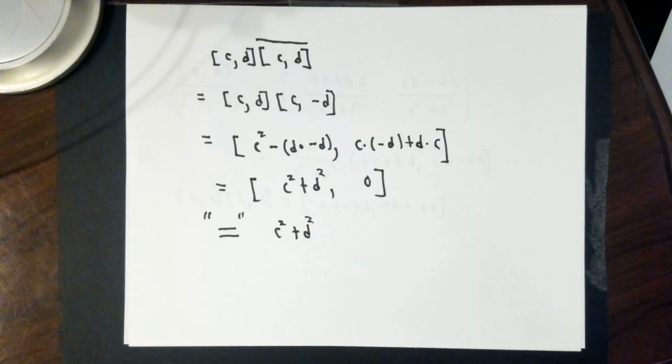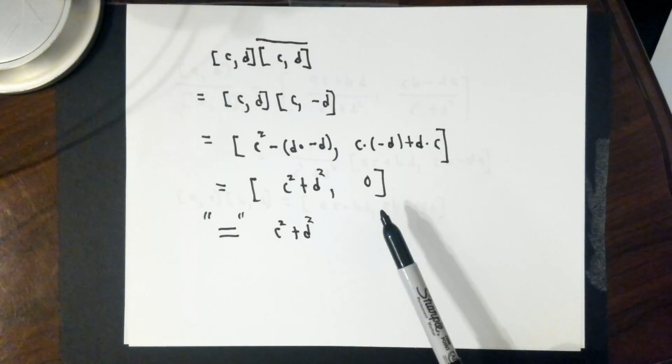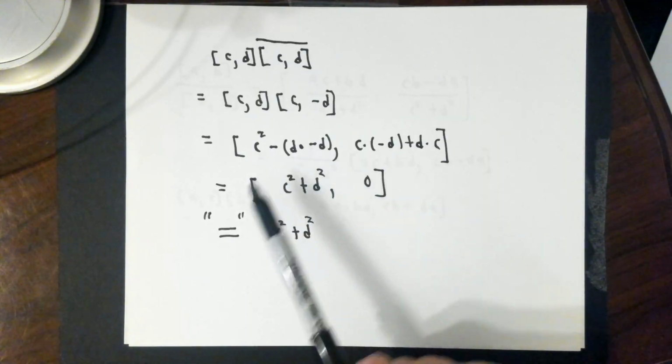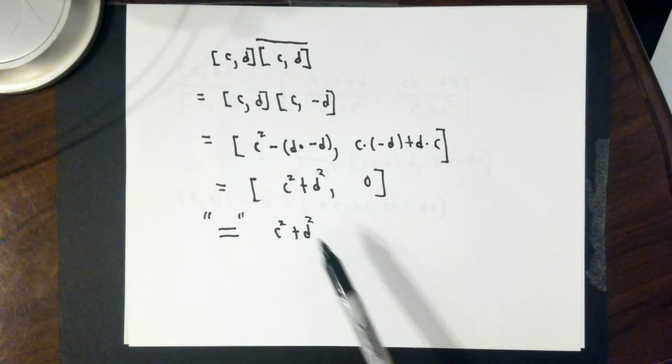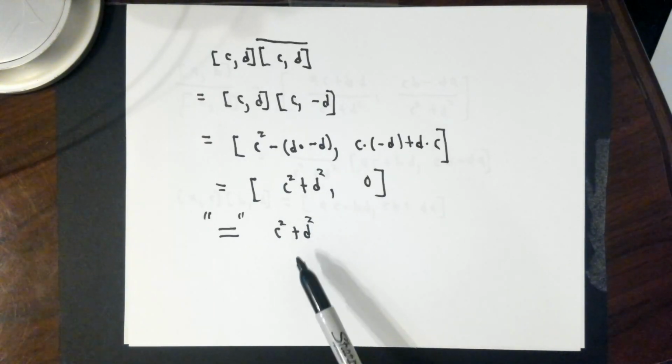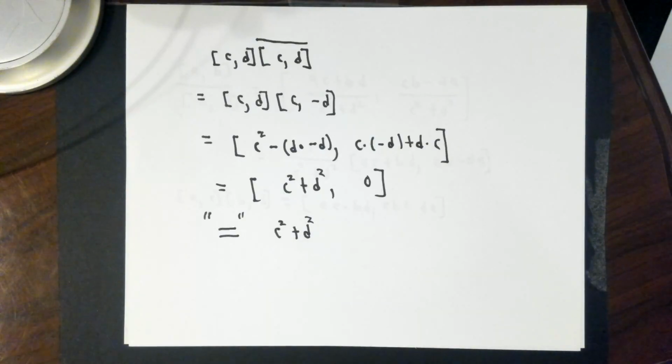If I take one of these K objects, CD, and multiply it by its conjugate, C negative D, after I work through all of the arithmetic, the number in the second position comes up 0, which means we can interpret this thing as an actual number, the value of which is C squared plus D squared. This is what's on the bottom of that fraction we were just looking at.